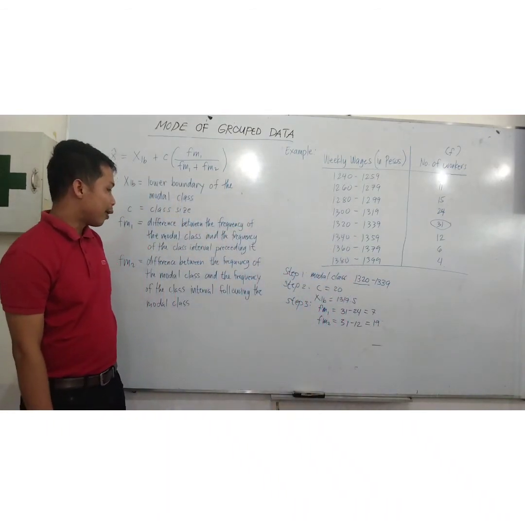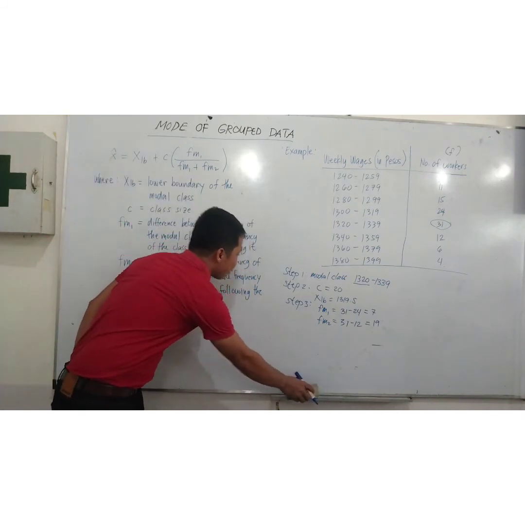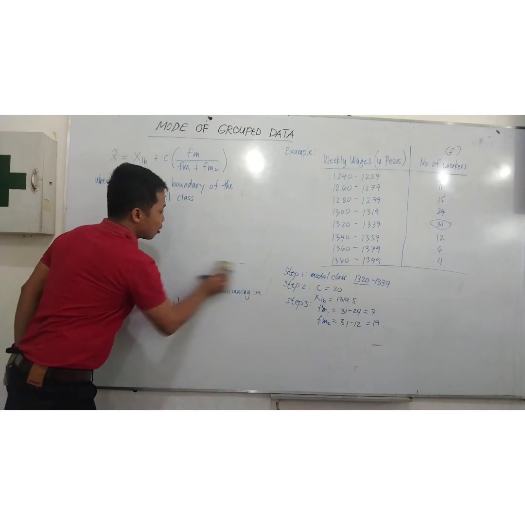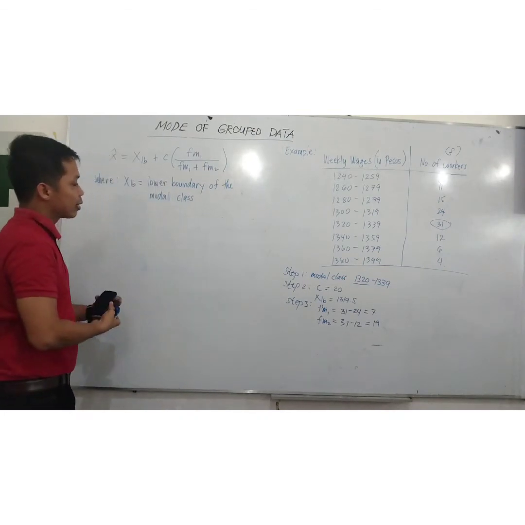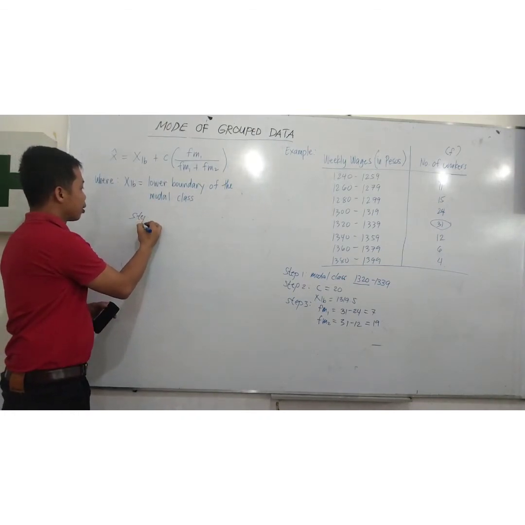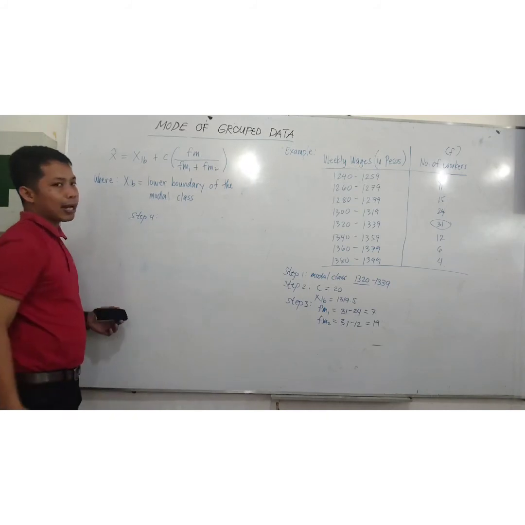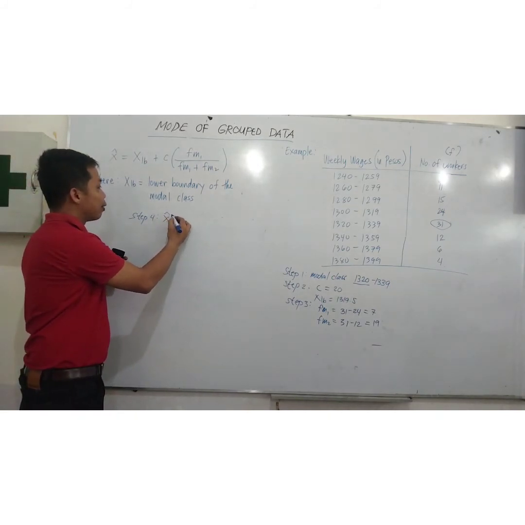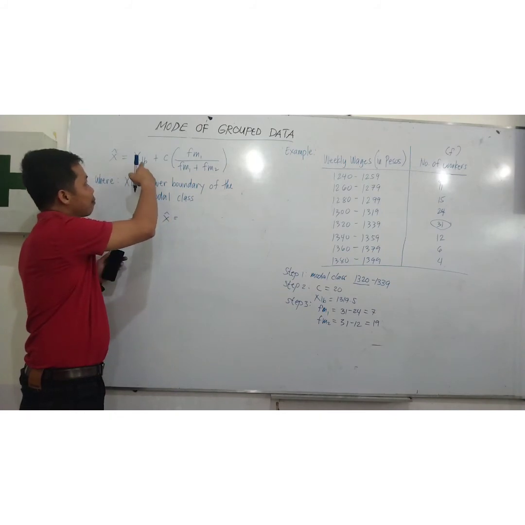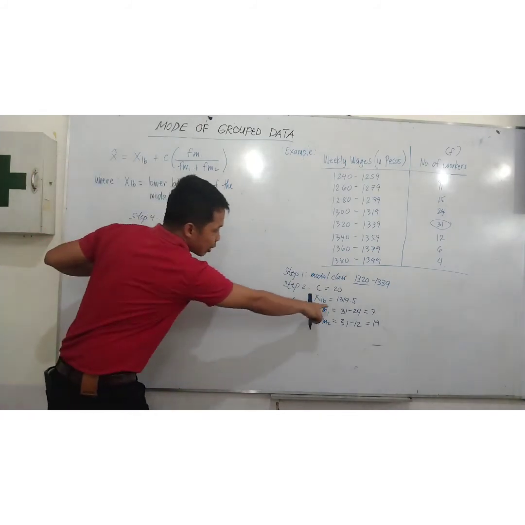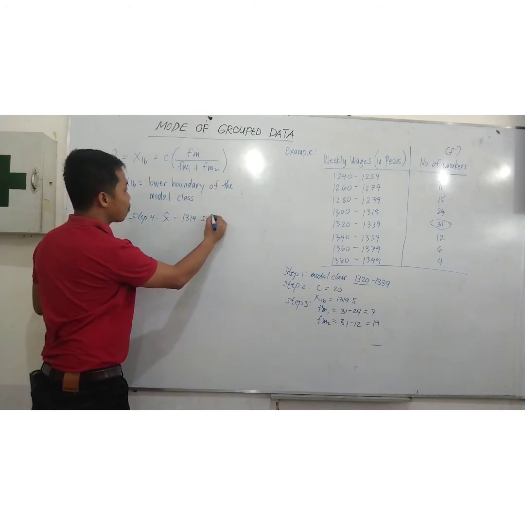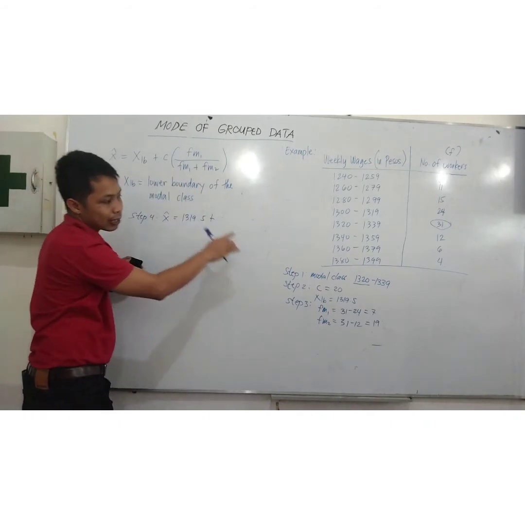Okay. So our next step, our step 4, is to substitute the values sa ating given formula. So we have x hat, our mode, is x sub LB, which is 1319.5, plus C. What is C?